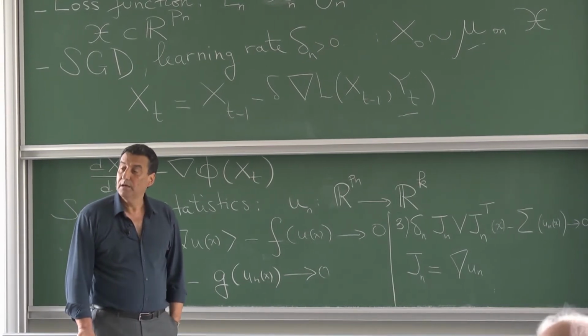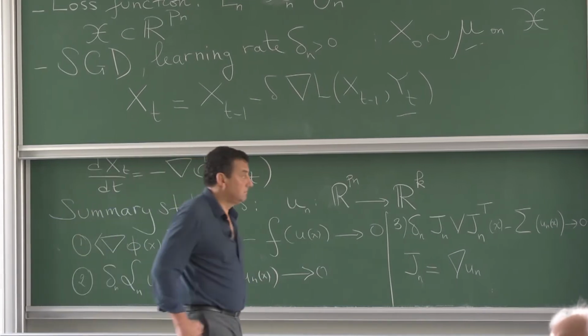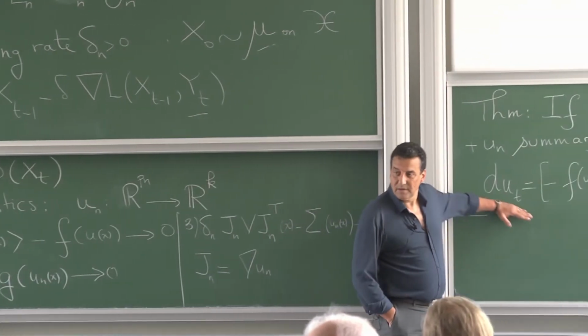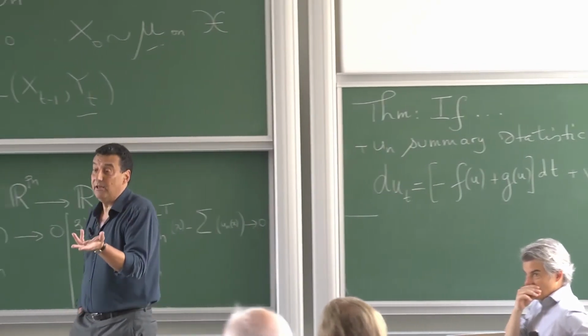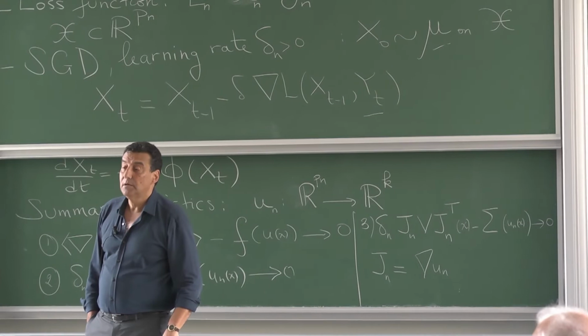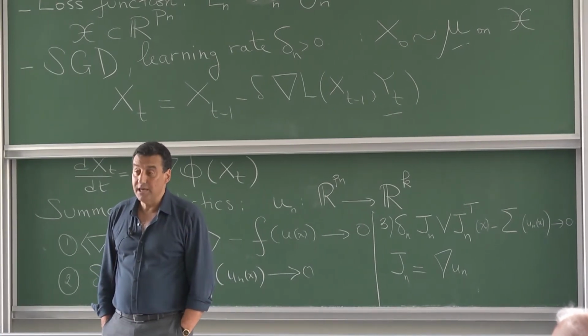This is convergence in distribution, right? You have your U_n, which is something in R^K. U_n lives in R^K, K is fixed.